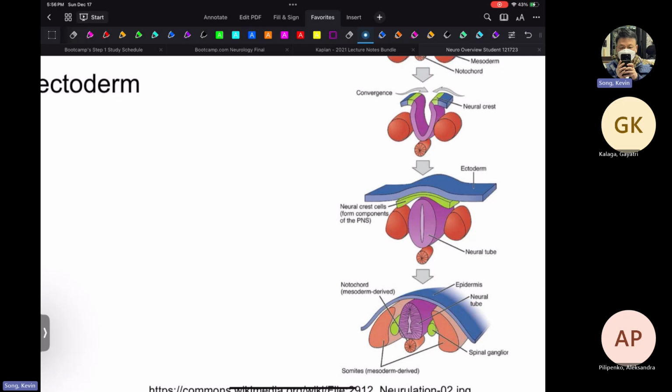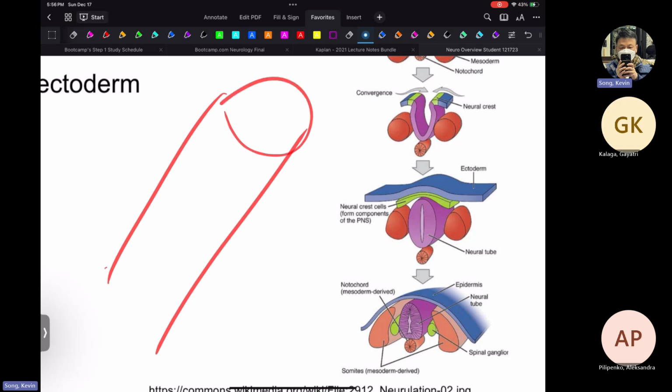A lot of things are neural crest cells, because ectoderm is kind of easy to understand. Ectoderm means outside, like skin and the epithelial cells. Epithelial cells are in any tube, like the GIT.